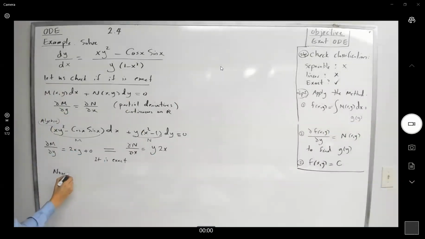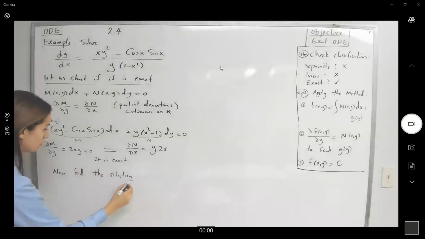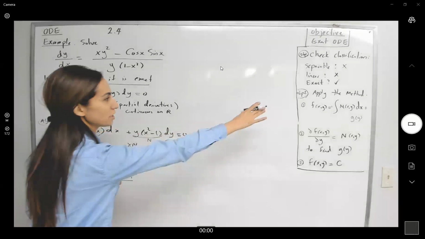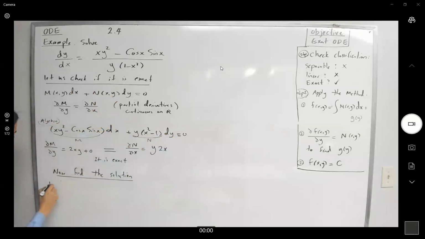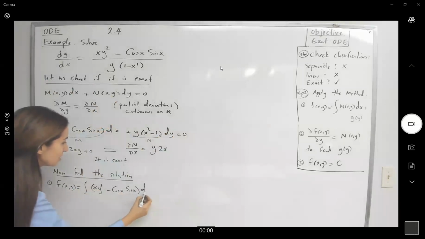Now, find the solution. Very well. To find the solution, we know that the function exists, f of x and y is equal to the integral of M dx. So this is our M, x y squared minus cosine x sine x dx.